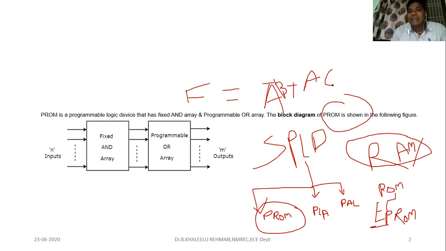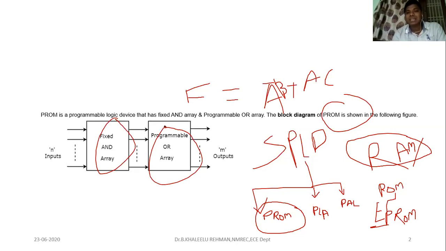We will have AND gates, OR gates, and inverters. For that purpose, the PROM has fixed AND gates and programmable OR gates. This is the definition of the PROM, programmable read-only memory.